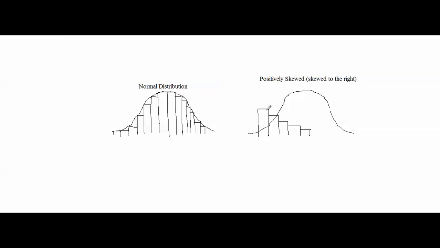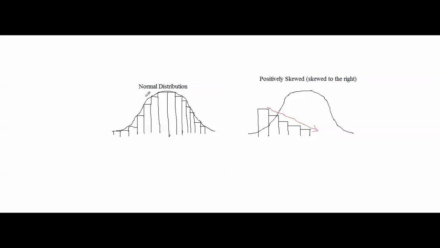So we can see that the bars are trailing off toward the right end down here, meaning it peaks at the left end and then it gradually trails off and gets shorter when you go toward the right end. So just imagine this arrow going down to the right, and that's why it's called skewed to the right. And you can also think of it as it's trailing off toward the positive end of the number line, so it's positively skewed.